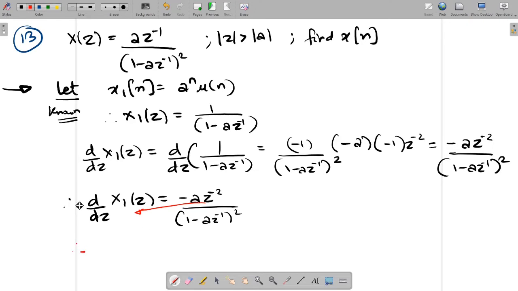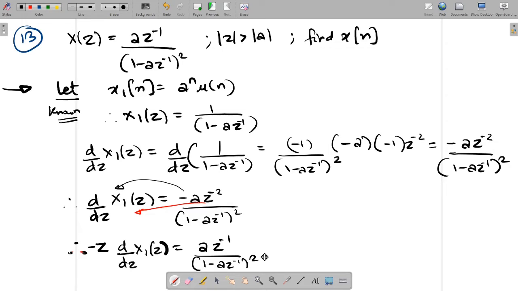You can take this z on this side. So you'll have therefore z inverse on this side, so it becomes z, and this minus also you can take on this side. So minus z d by dz of x1 of z is equal to a z inverse upon 1 minus a z inverse the whole square.